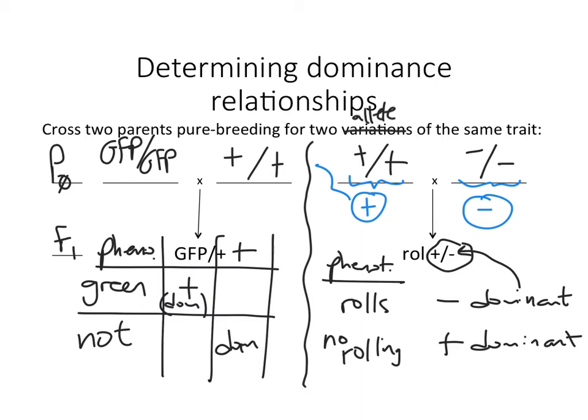Does anybody know one example of that? Right, so things like incomplete dominance. There's codominance and there's incomplete dominance, both good examples. Flower colors is one example, blood type would be another.